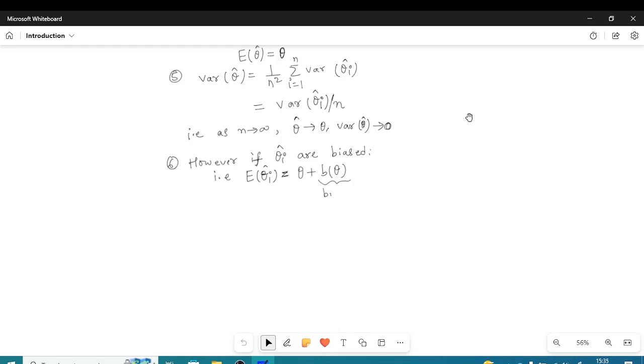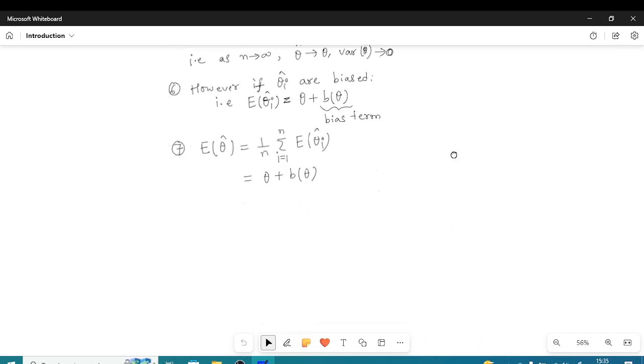So now if we find out the average value of the estimator, what will this equal to? Nothing but theta plus b of theta. So what does this equation say?